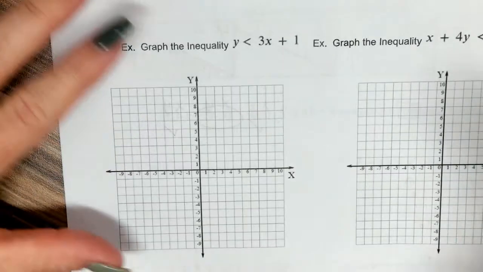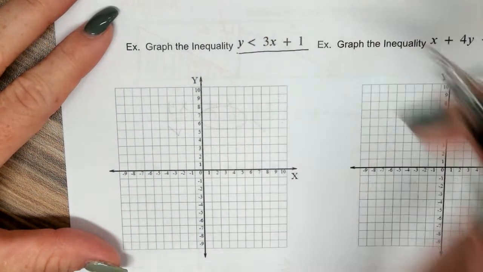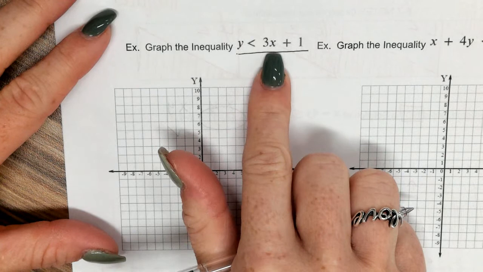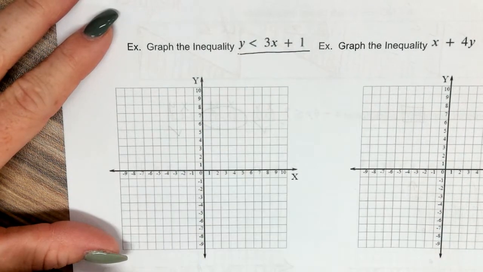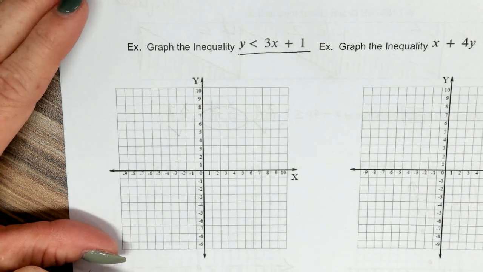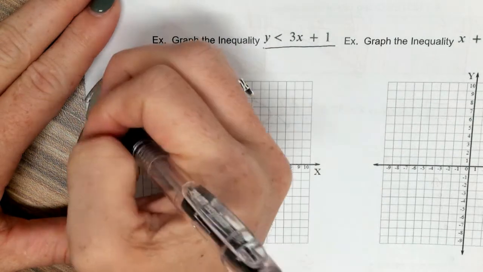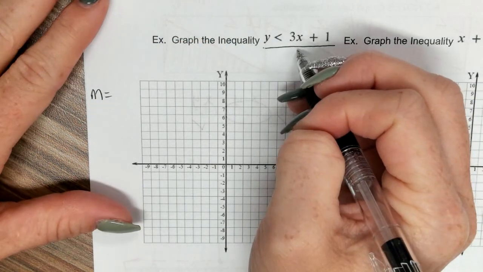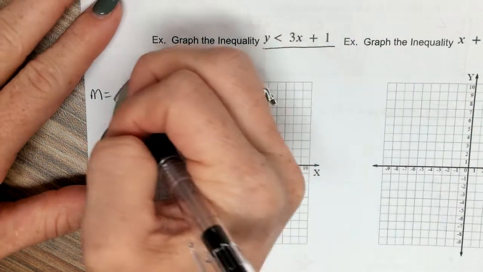All right, turn the page. Okay, we're going to graph this inequality. Is it in slope-intercept form? Yes. So I need a slope. I need an m. What's my m? 3 over.